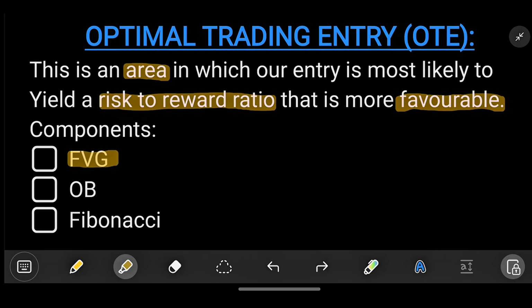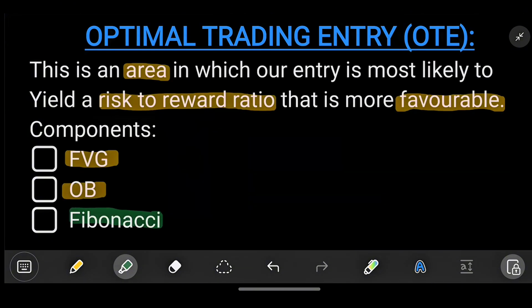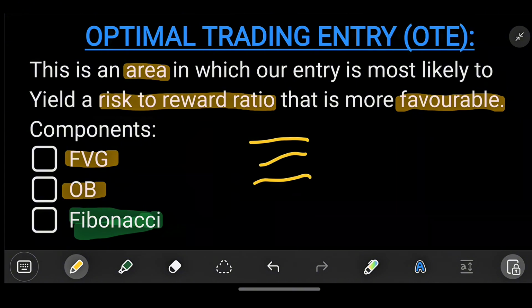Okay, so we use different things when trying to find this area. Some examples are the fair value gap, which we spoke about earlier, and another thing is the order block that we also spoke about, and then we also have the Fibonacci. The Fibonacci mainly is a tool that has different levels or percentages. Say we have our leg, price is going up, then we have this leg going like that.